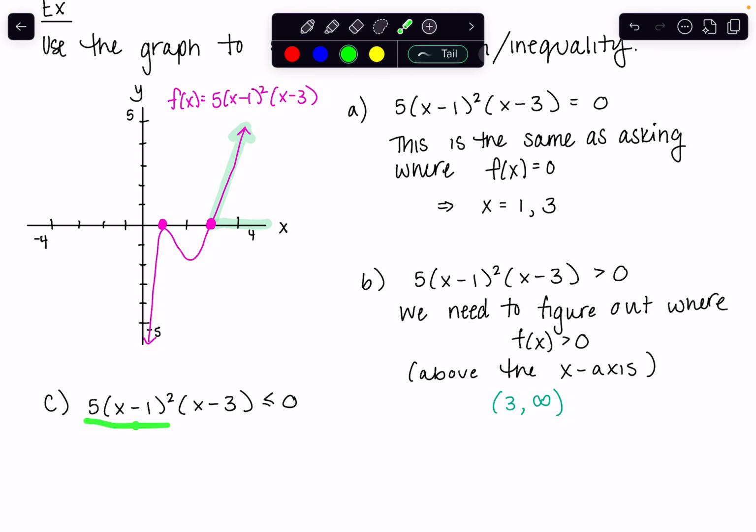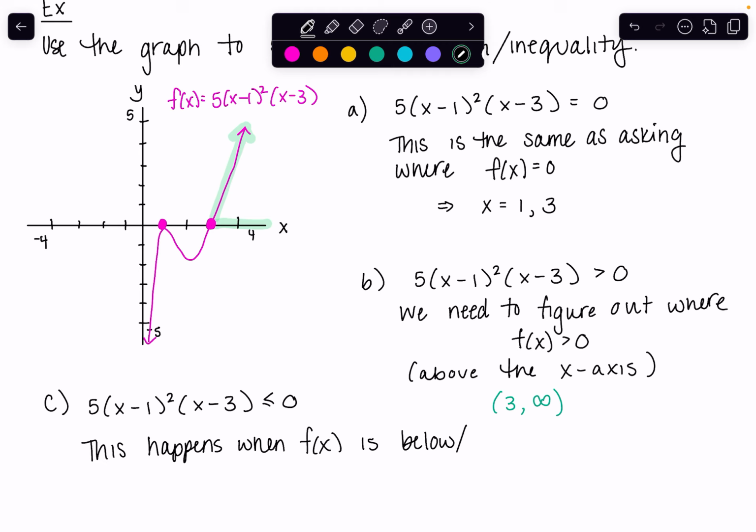If I want to figure out where this is less than or equal to 0, this is going to happen when the function is below or on the x-axis, because we can equal 0. If it was strictly less than 0, then you technically would have two intervals: from negative infinity up to 1 with parentheses, and then also the interval from 1 to 3.